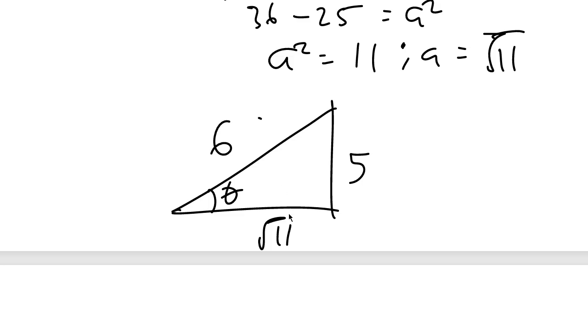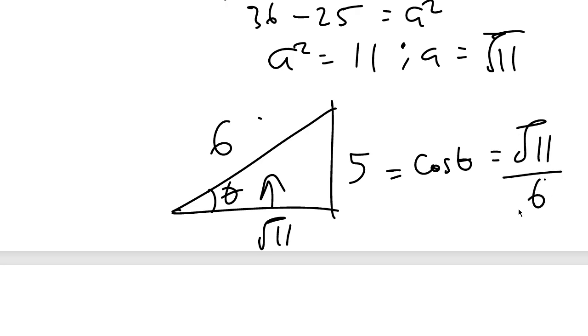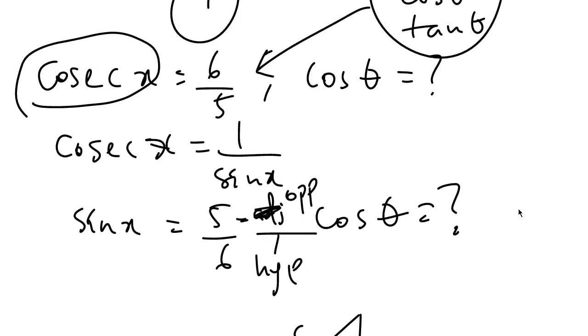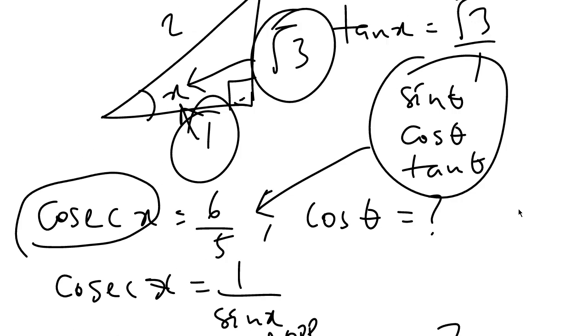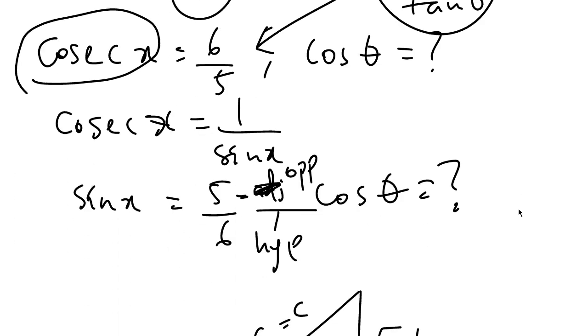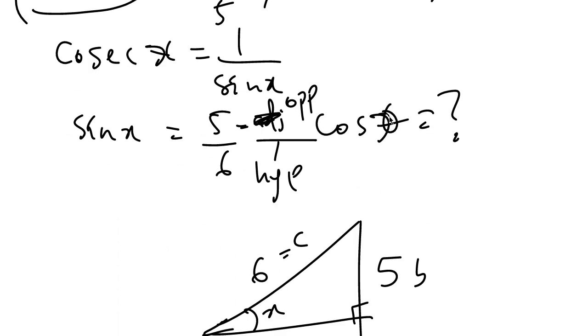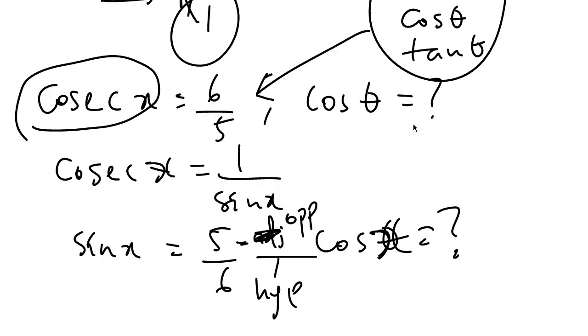The adjacent to theta is root 11, so cos theta will be equal to root 11 over 6. But if in the exam you were told, sorry, this is cos x, right? Let's maintain the same angle. This is cos x. So if we were told in the exam that x is obtuse, what will be your response?